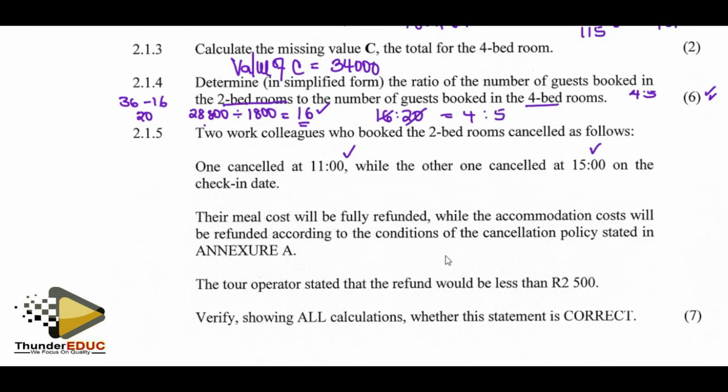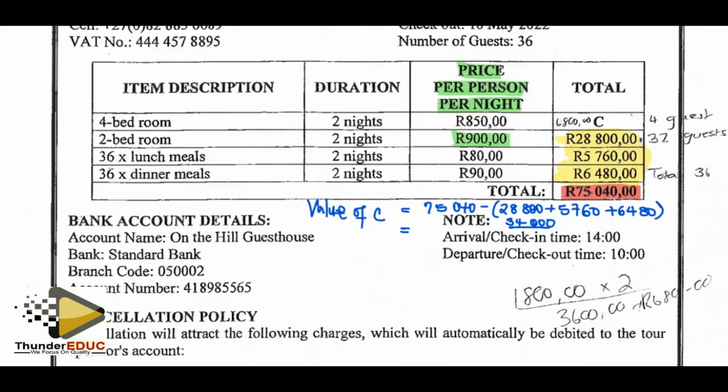So we are going to calculate this according to the conditions on the next step. Their meal cost will be fully refunded, while accommodation costs will be refunded according to the conditions on the cancellation stated in the annexure. The tour operator stated that the refund would be less than 2,500. All right, let's check and see the annexure.